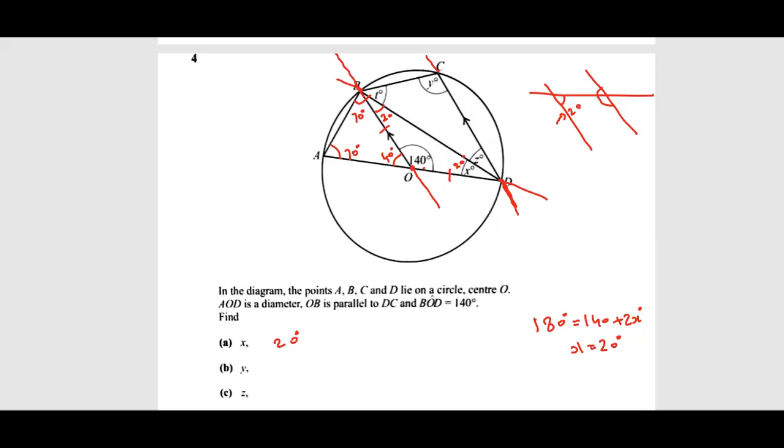So I'll write it down. It is also 20. Okay. And then, yes.